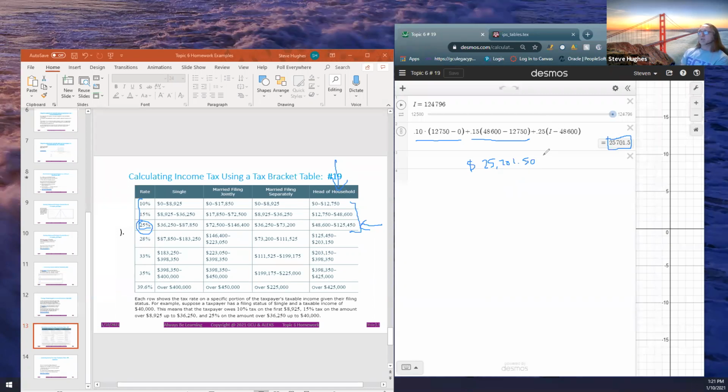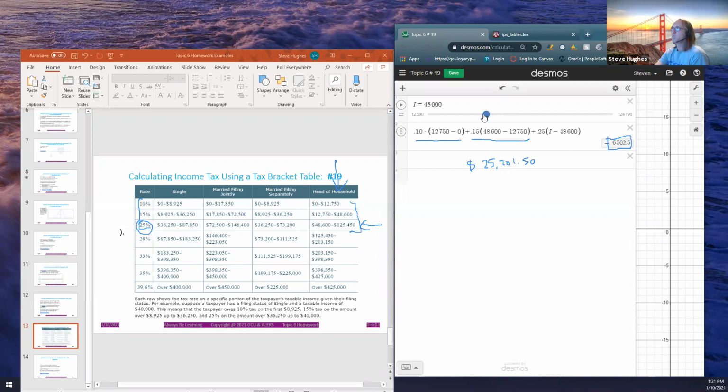Obviously, as the income is reduced, he would pay less and less income tax. Watch the slider here with me. As Louis's income goes down, he pays less income tax. Scrolling down, you can see it goes down, down, down. Once I get below 48.6, I'm going to drop off that 25%. Almost there.